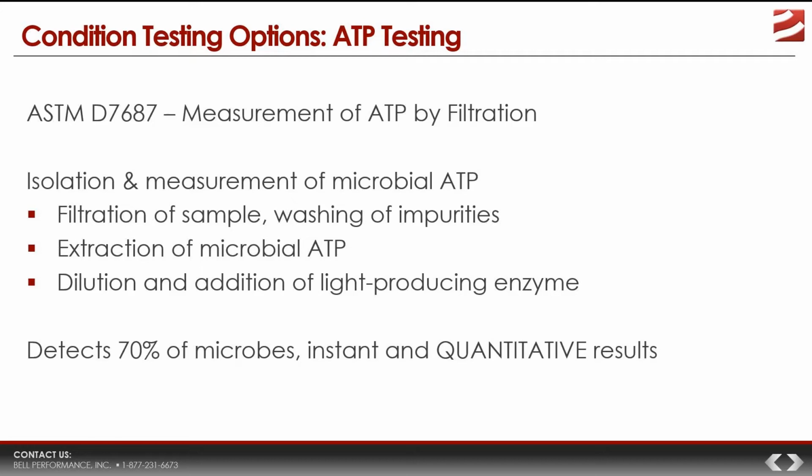Now, not only is it much more accurate, but there are other significant advantages that make ATP testing, for lack of a better way to put it, the preferred way to do things.